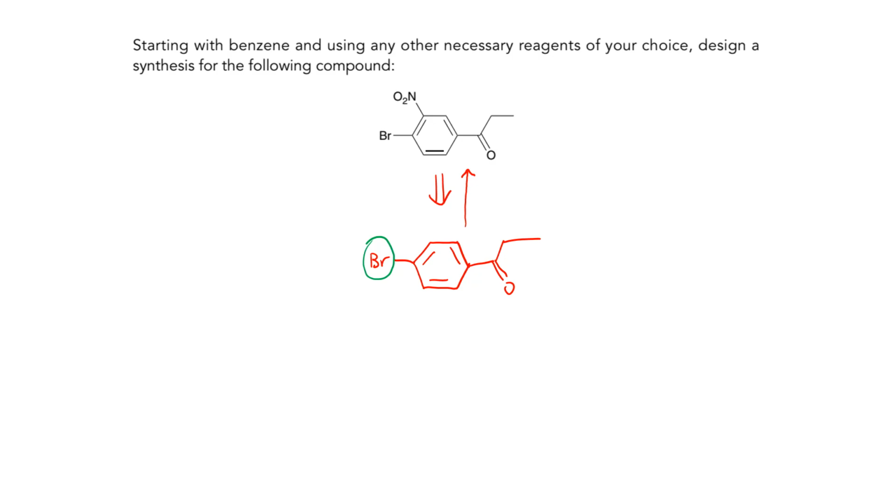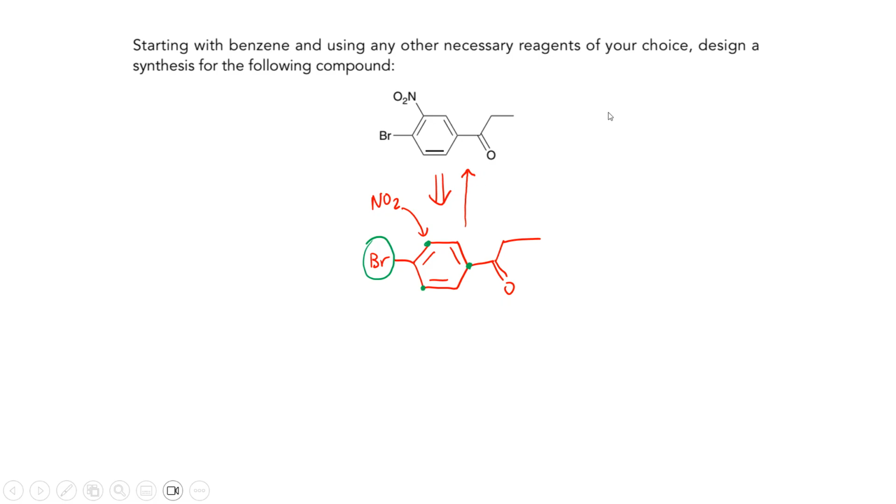Remember, even though Br or halogens are deactivators, they're ortho-para directing. So what is ortho relative to that Br? It's this, and this is the para position, right? And we want the NO2 at this position, don't we? We want NO2 at that position. So right now, this is looking pretty good, right?